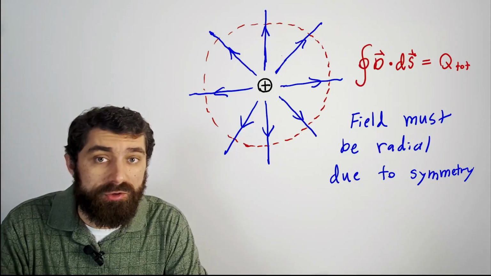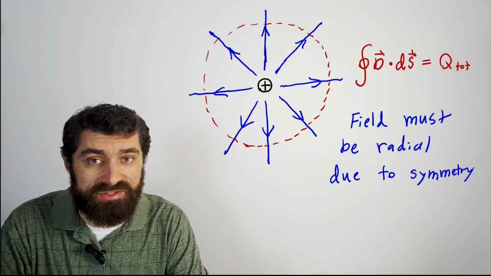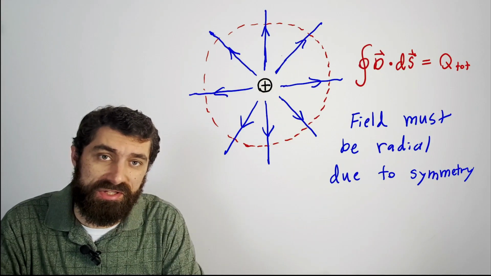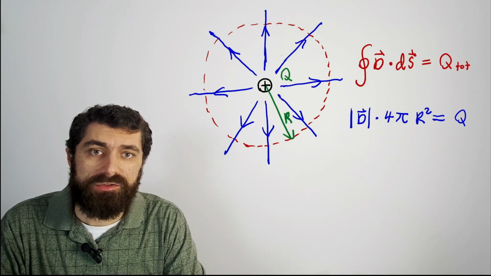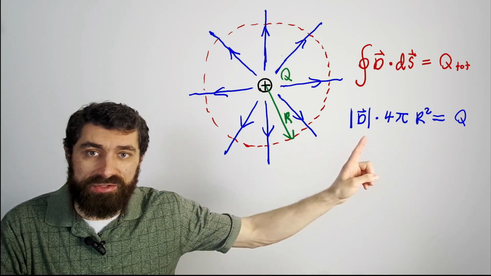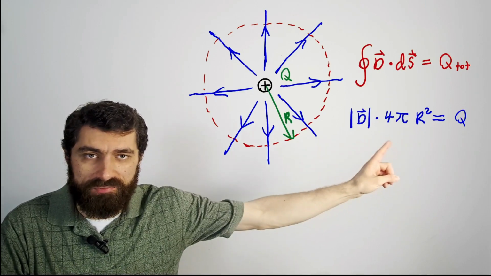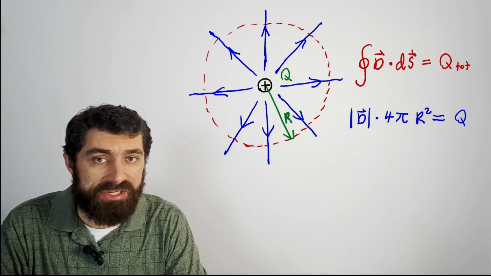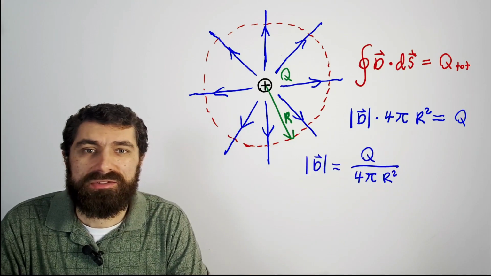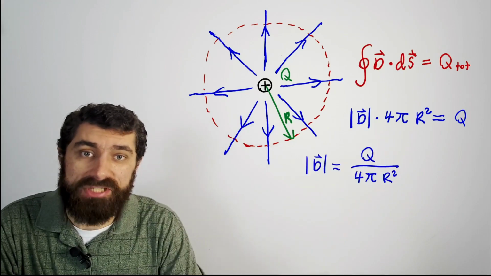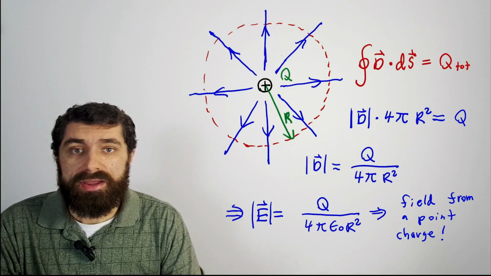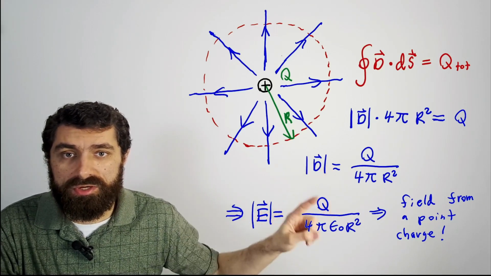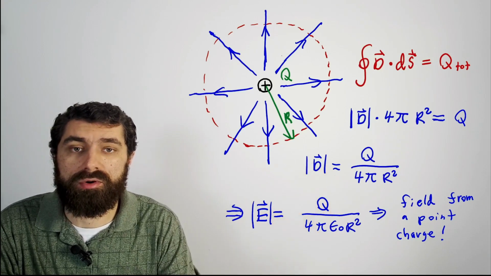Now, to evaluate this integral, D dot dS, because the field is already perpendicular to the surface, this integral simply comes out to the magnitude of D times the surface area of a sphere, which is 4 pi r squared. And that should be equal to Q. So then you can rearrange and solve for D. And that then means E is equal to Q over 4 pi epsilon 0 r squared.